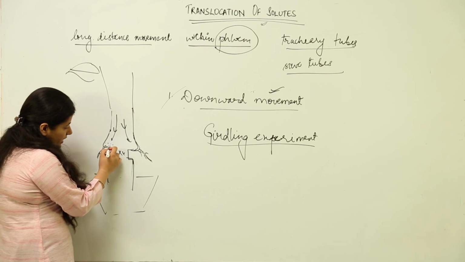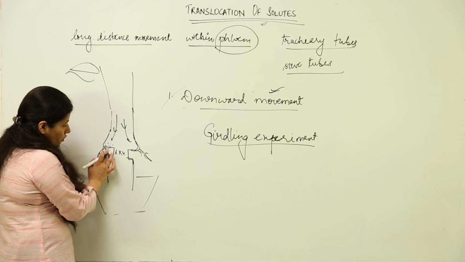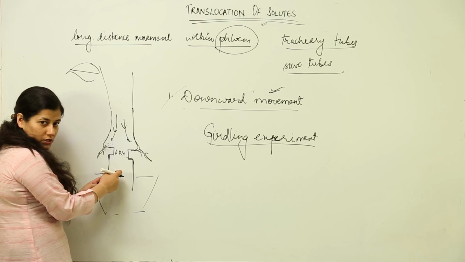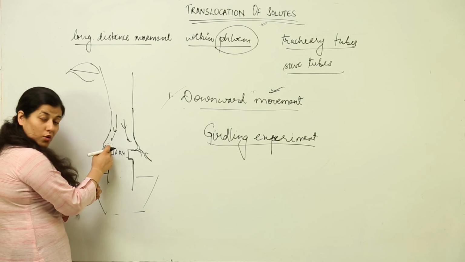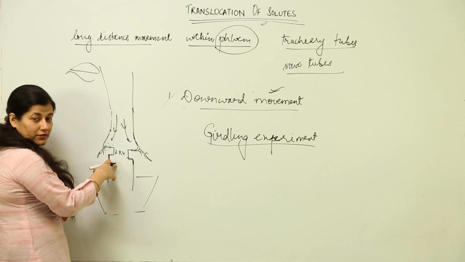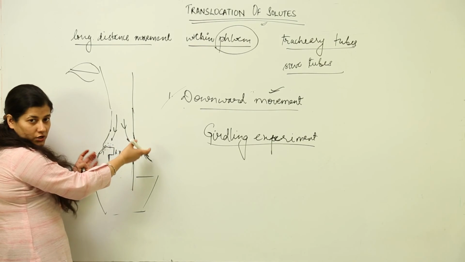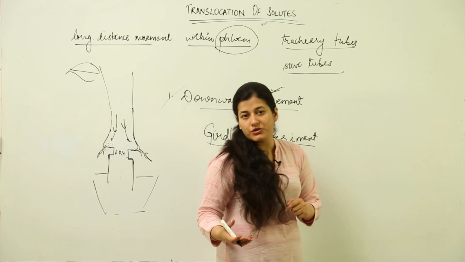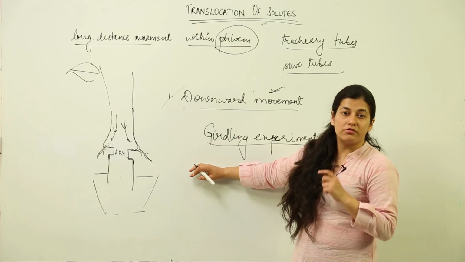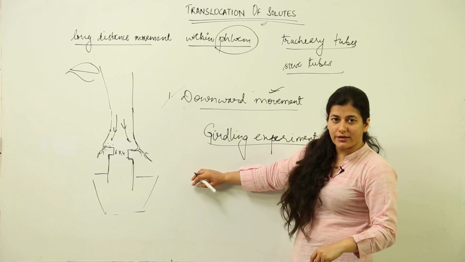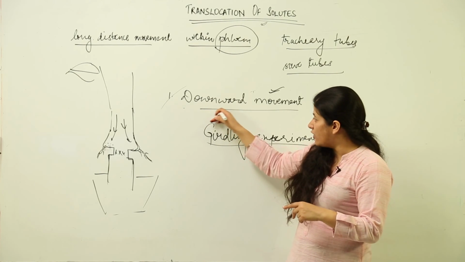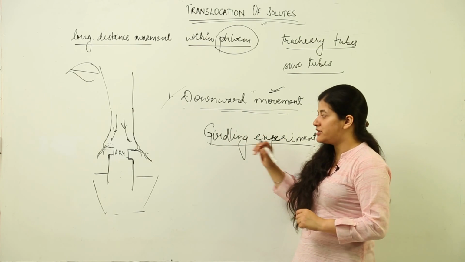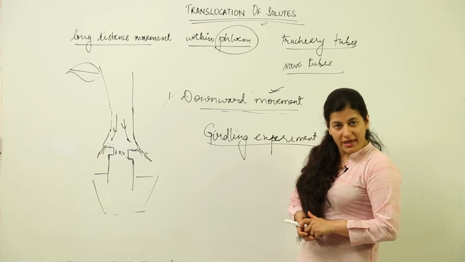The phloem part has been cut out. Because the phloem has been cut out, there is no contact between the upper region and the lower region, because of which whatever is being brought down by the phloem gets accumulated on the sides of the upper region of the stem, and this clearly demonstrates that phloem is the one responsible for carrying down the solutes. So we have a downward translocation of solutes, which is experimentally proven by this particular experiment.